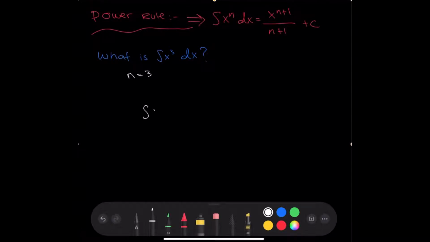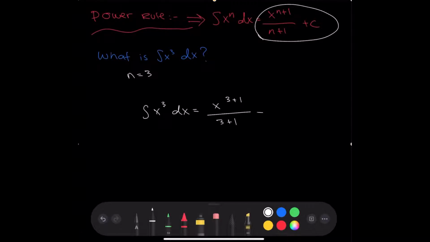Integral of x powered by 3 dx equals. What we're going to do now is write down the rule, but substitute the n by 3. So we have x powered by 3 plus 1 over 3 plus 1 plus c.